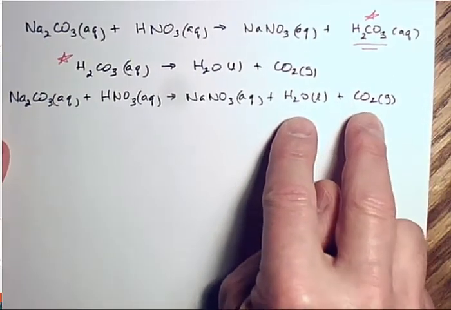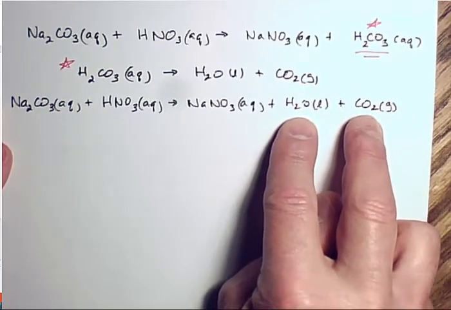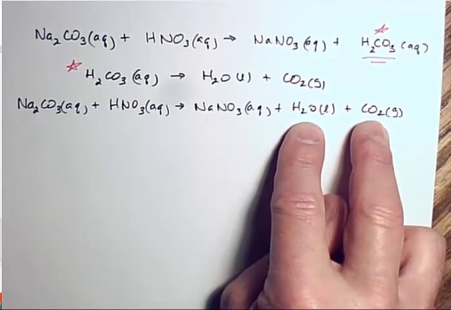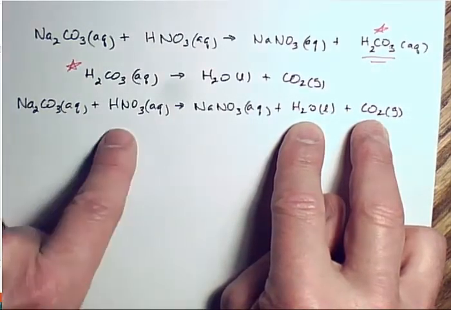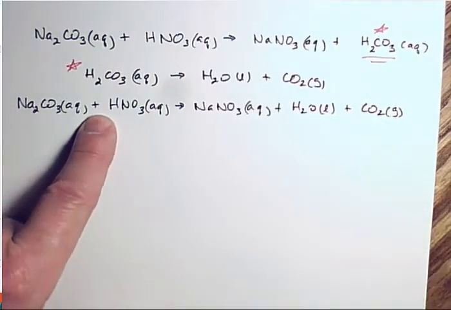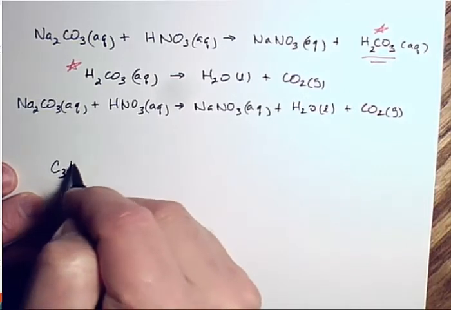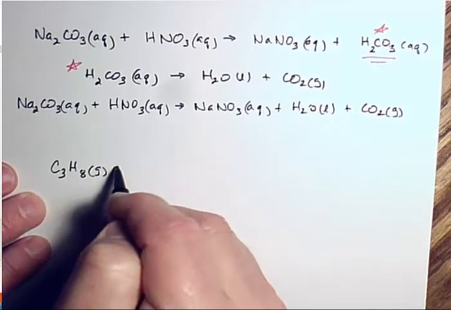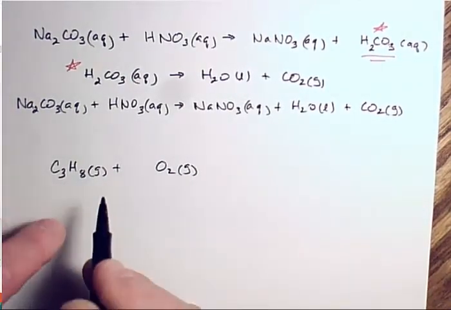All right. So don't confuse this, because we're forming water and CO2, with a combustion reaction. A combustion reaction, at least in this level class, is always going to start with a hydrocarbon and oxygen. So we're not starting with a hydrocarbon and oxygen here. A combustion equation will have a hydrocarbon, say this, and oxygen.